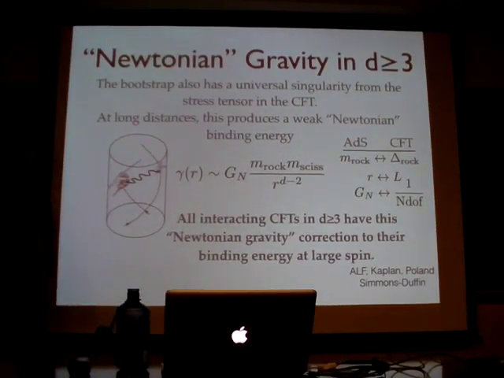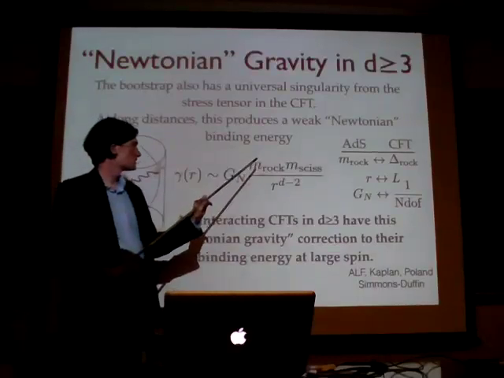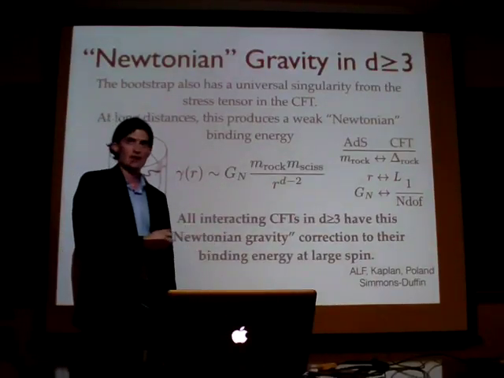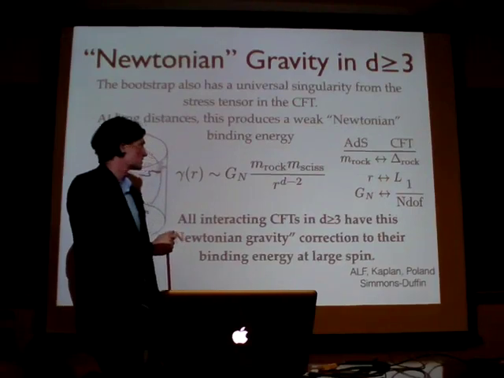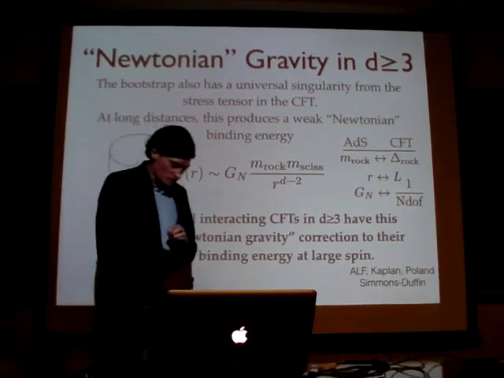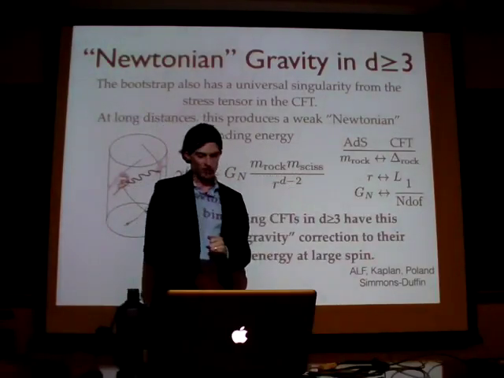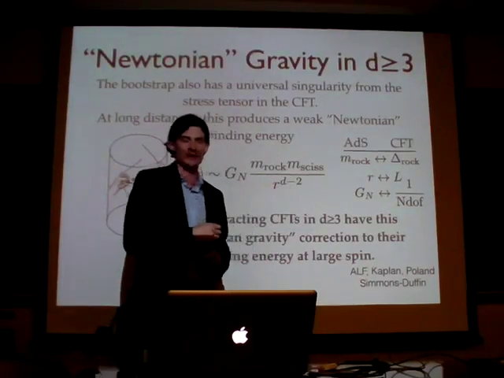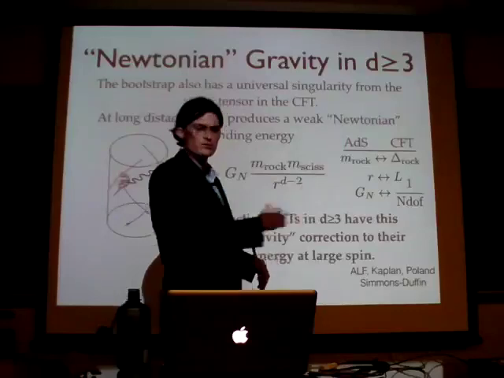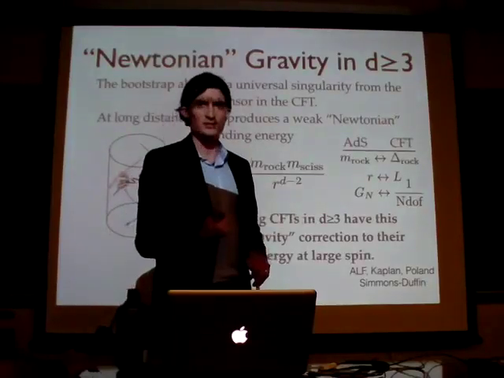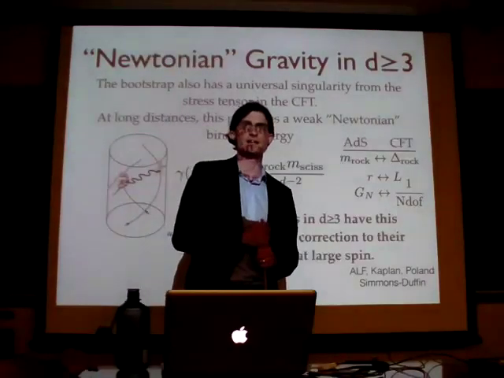The actual formula is quadratic in delta. There's some factor that has to do with the normalization of wave functions, but you get some universal formula which matches what you get from the calculation in AdS at long distances with Newtonian gravity.